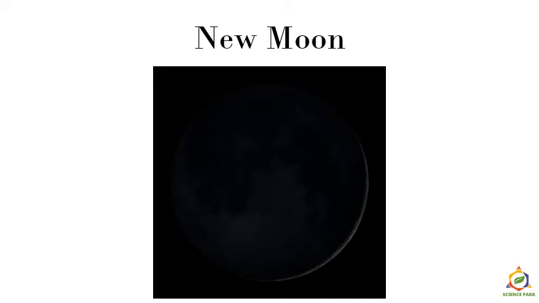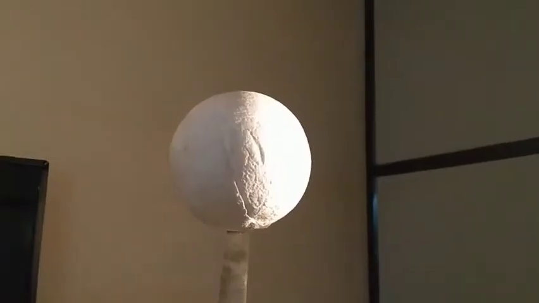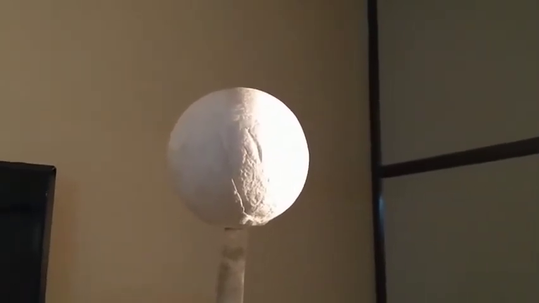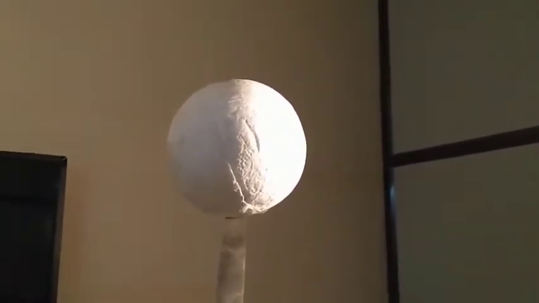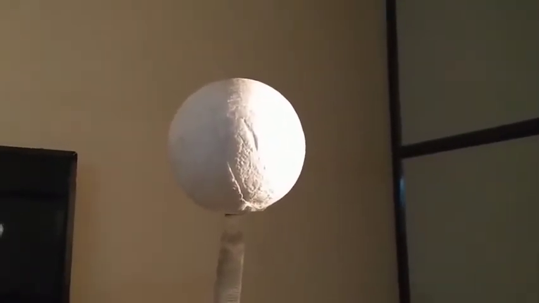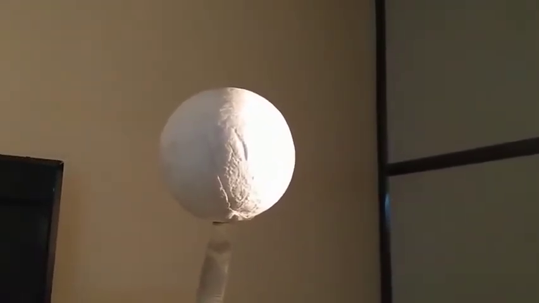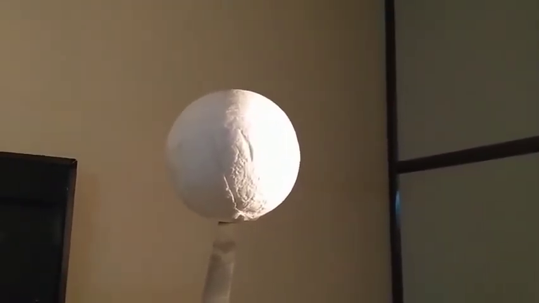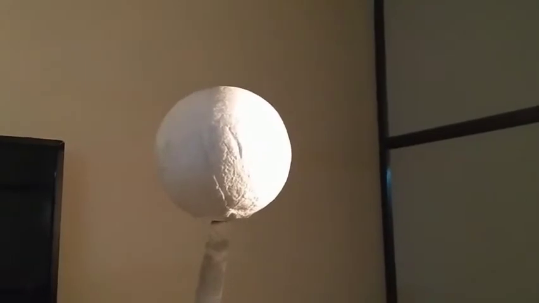Now we will see an experiment to understand how these phases occur. So we are going to learn more about phases of the moon. Now friends, you know that the moon rotates around itself as well as, at the same time, revolves around the earth. And as you know, the moon is a natural satellite of earth, so it doesn't have its own light.